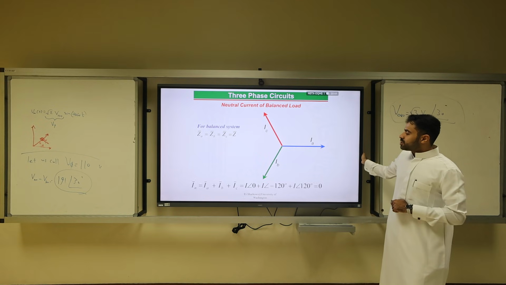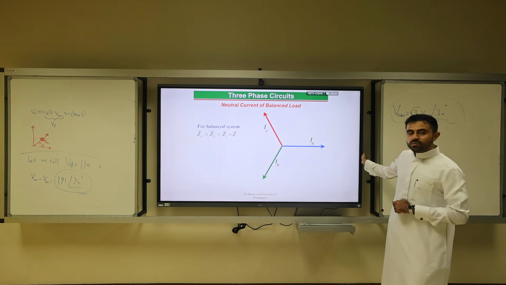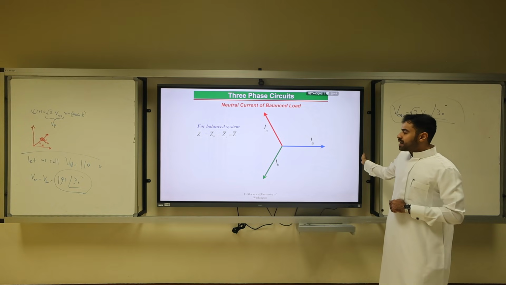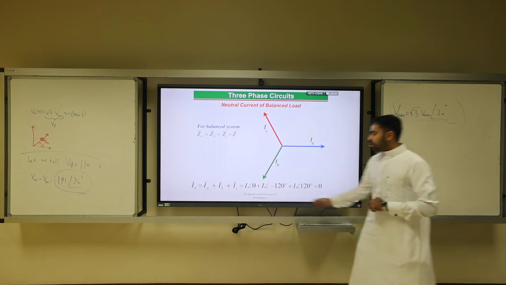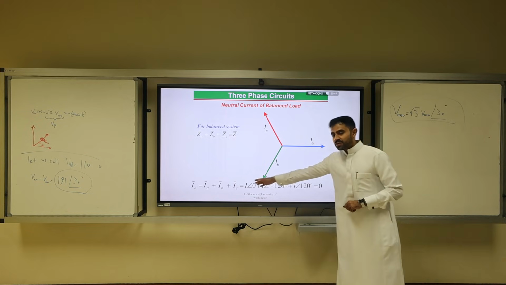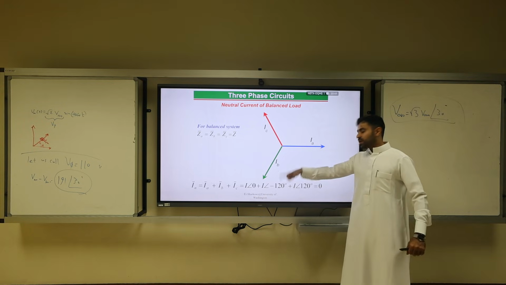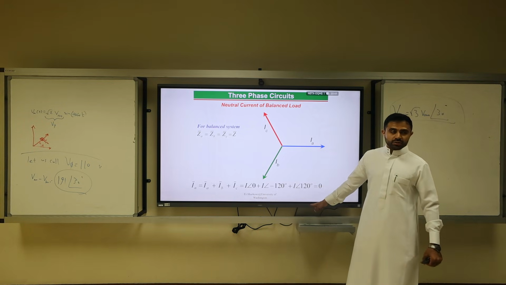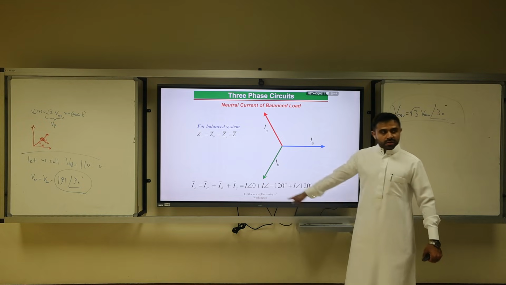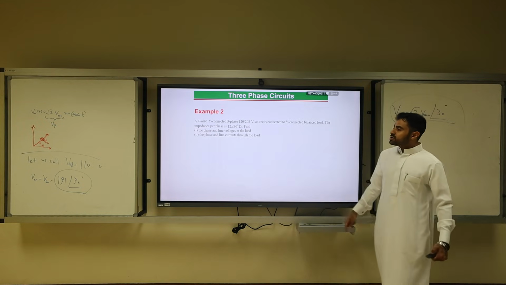Of a balanced load, what should be the neutral current? Zero. Why? Because if you add, for example, let's pretend I is 1: 1 angle 0 plus 1 angle minus 120 plus 1 angle minus 240 or plus 120. The summation should be 0.